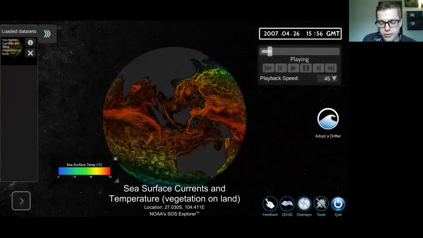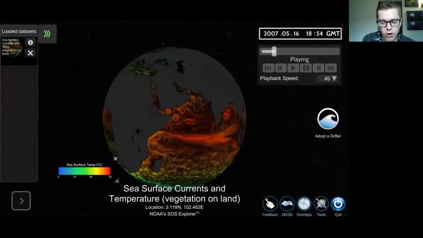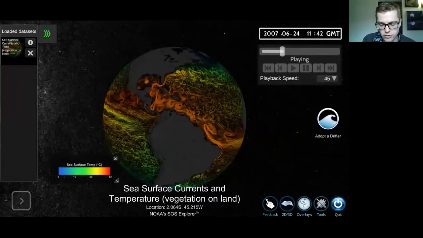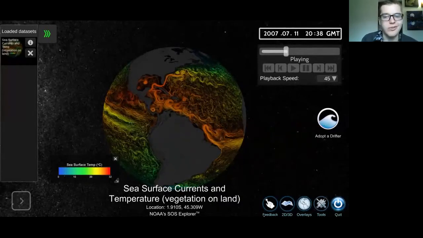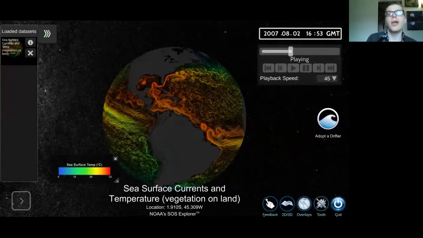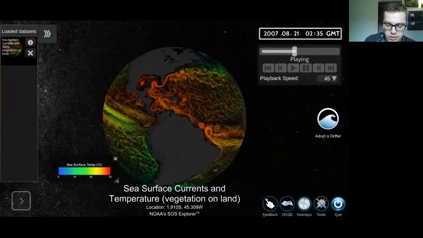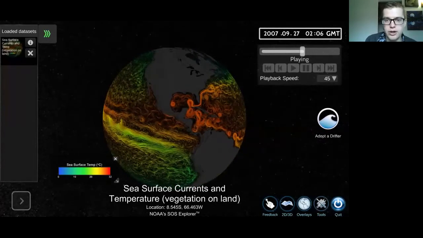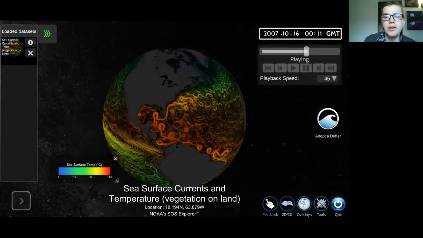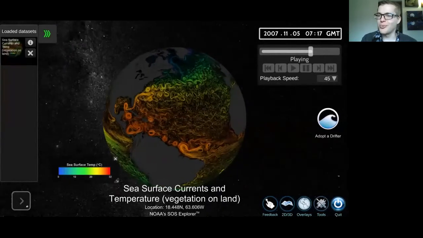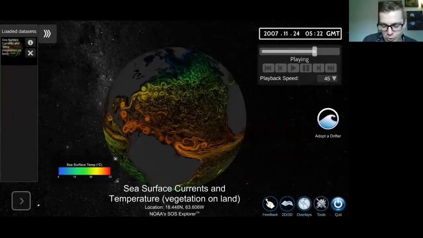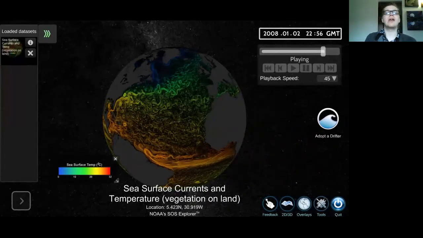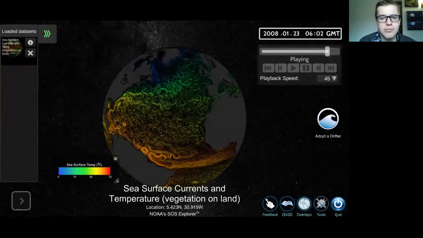You might notice, though, if you're looking at some of these currents, that they don't always follow that pattern. So, for instance, we can look at one that's right here. You can see that, of course, in the equator area, it's very red, orange, seems nice and warm. But there's this one current that follows up along the coast of South America, all up along Mexico, past Florida, and it seems to be a lot warmer than it has any right to be, and continues to bring that warmth all the way up across the Atlantic Ocean into areas like Spain and Great Britain, which are pretty far away from the equator.